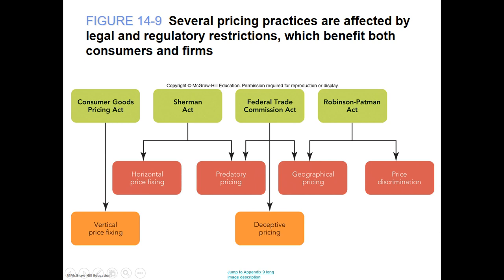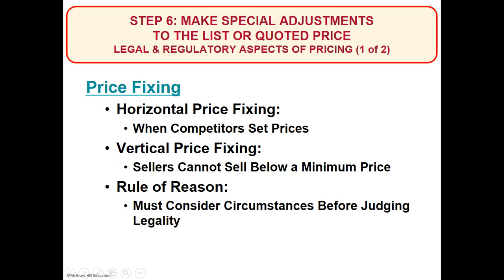There's the Sherman Act on horizontal price fixing and predatory pricing. There's the Federal Trade Commission Act affecting predatory pricing, geographic pricing and deceptive pricing. There's the Robinson-Patman Act that affects geographical pricing and price discrimination. Make sure you understand all these rules and regulations and how they affect pricing.